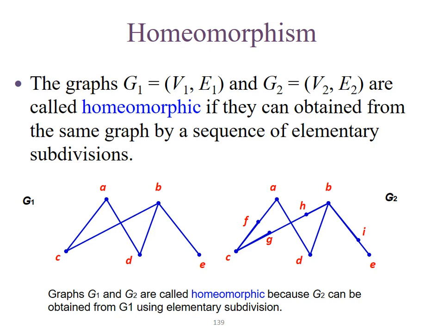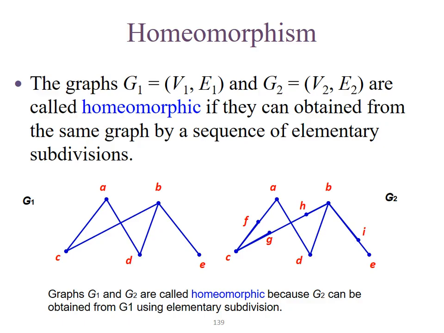Now we can go to the definition of homeomorphism. If we have two graphs G1 and G2, we call them homeomorphic if they can be obtained from the same graph by a sequence of elementary subdivisions. So we have G1 here and we have G2.